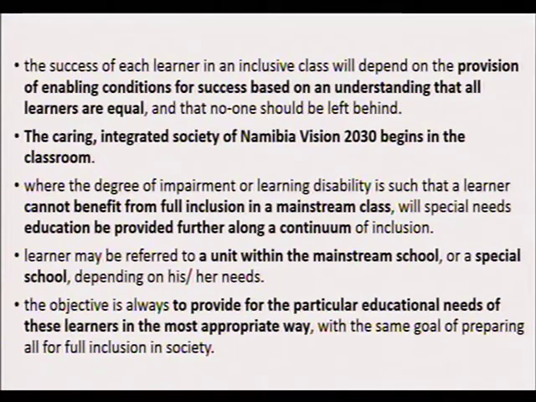Learners might, for instance, be referred to a unit within the mainstream school or to a special school, depending on their needs. The objective is always to provide for the particular educational needs of the learner in the most appropriate way, always with the same goal of preparing all for inclusion in society.